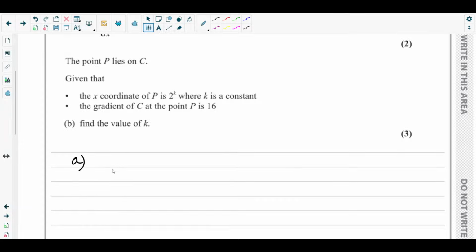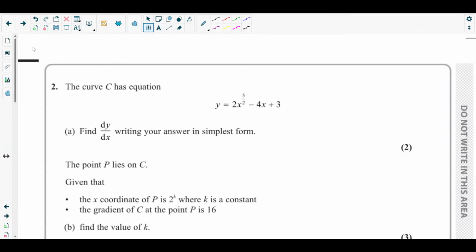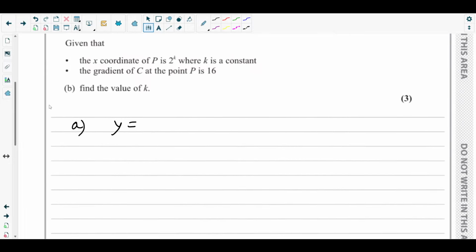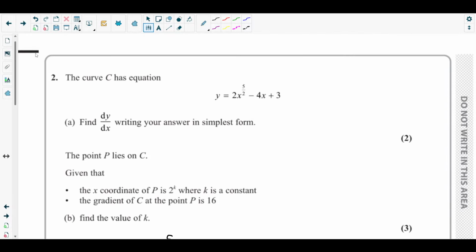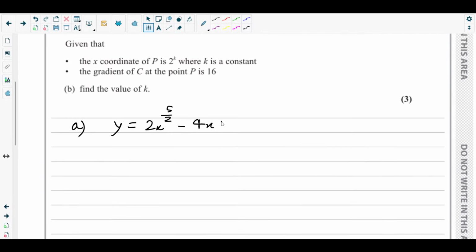Okay, so the equation y is here. Let me write down the equation first: 2x to the power 5 over 2, minus 4x plus 3.